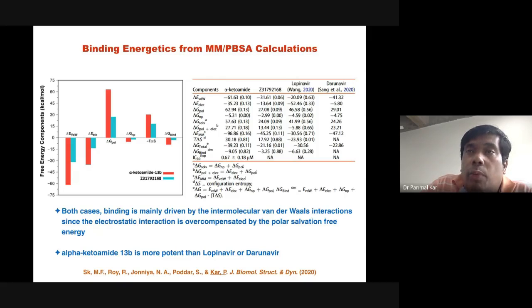But again, the non-polar solvation energy that you get from the solvent accessible surface area is more favorable in the case of alpha ketoamide. And the entropy, which disfavors the complex formation, is more unfavorable for alpha ketoamide than for Z3179268.